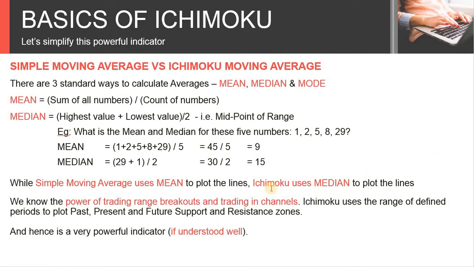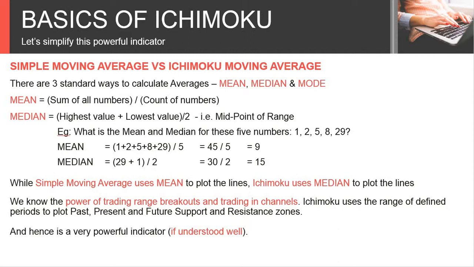I just wanted to show you a difference between the two. That is all. Otherwise, this has no relevance apart from this. I also have to say that based on my experience of a week or two with Ichimoku, the median seems to be a much better representation of demand and supply levels, so support and resistance levels.